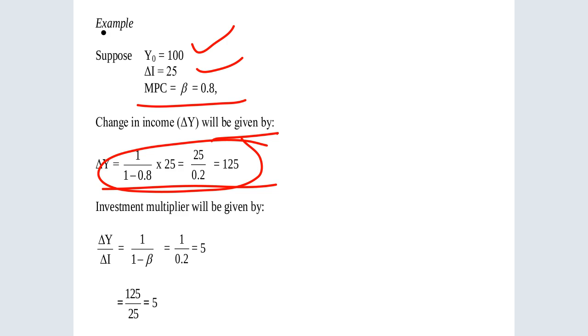Therefore, our investment multiplier would be given by the change in income over the change in investment, which is 1 over 1 minus beta, which is simply 1 over 1 minus 0.8, which is 1 over 0.2, gives you 5.